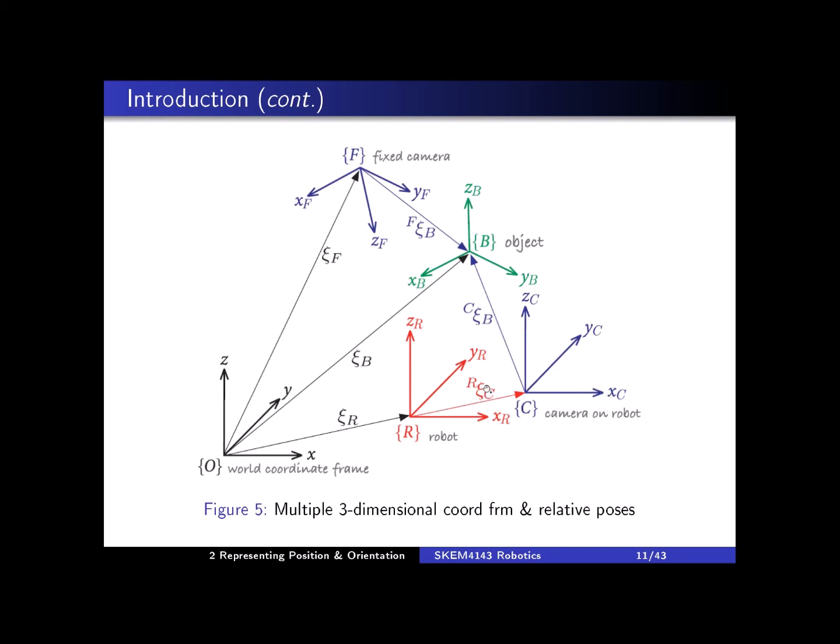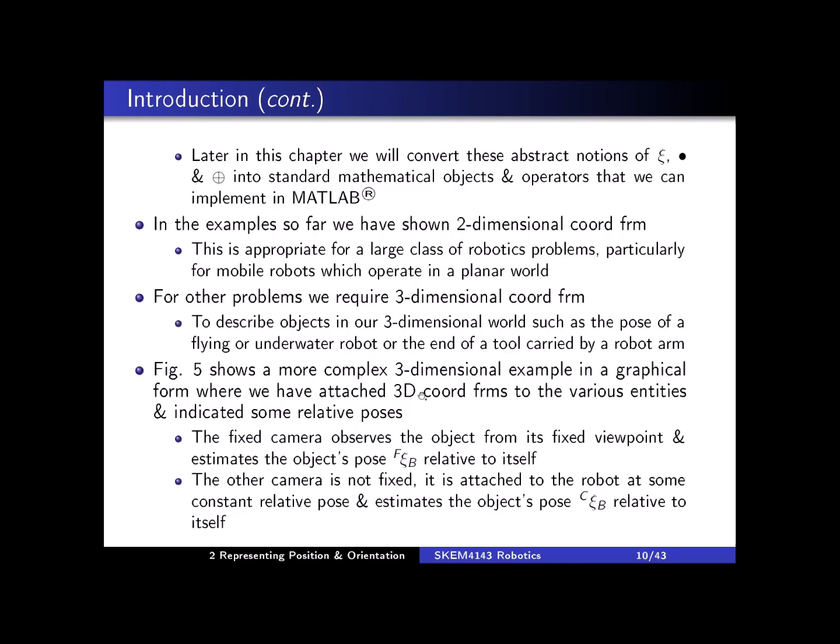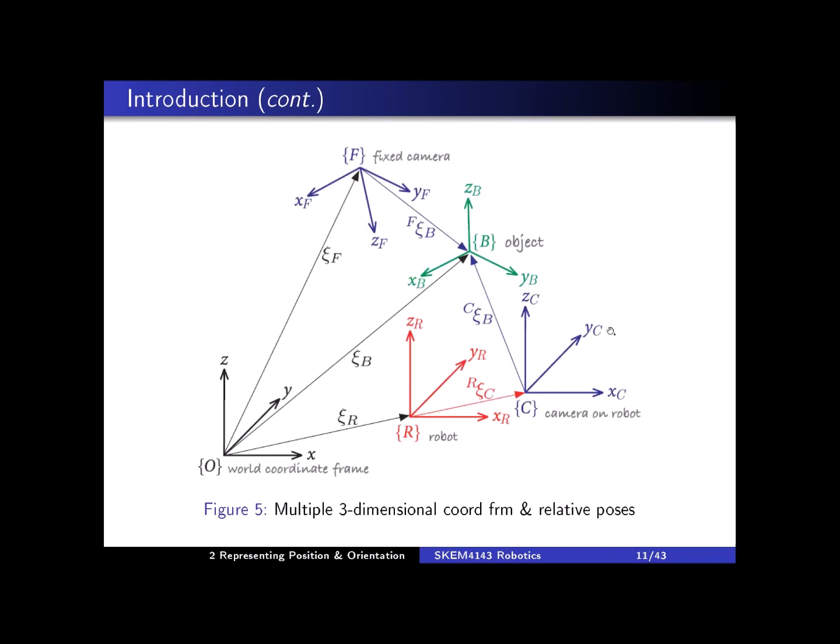So psi CR is always constant, it doesn't change, assuming the camera does not turn, because it's fixed on the robot. The other camera is not fixed to the robot; it is fixed with respect to the world coordinate frame.